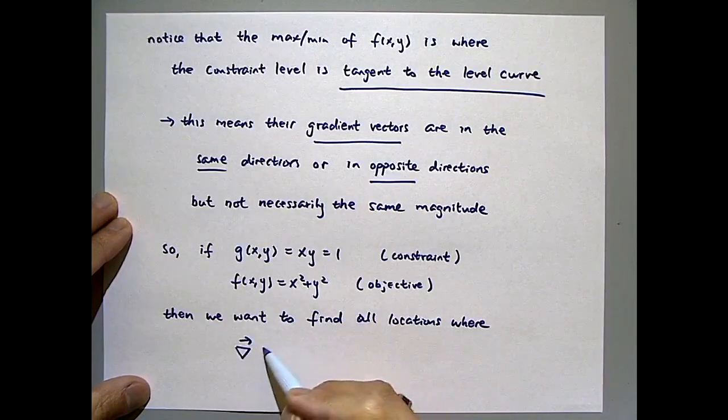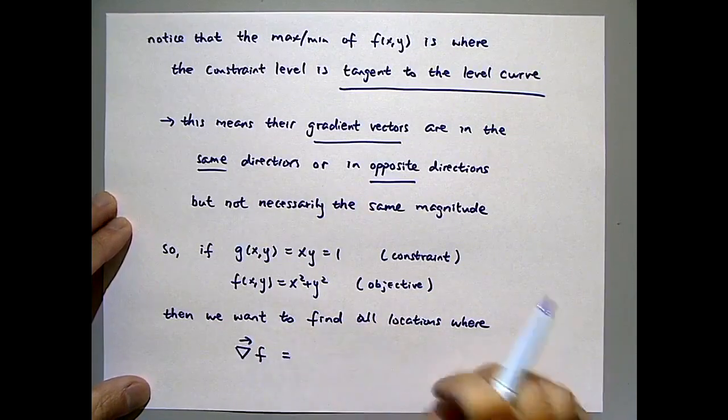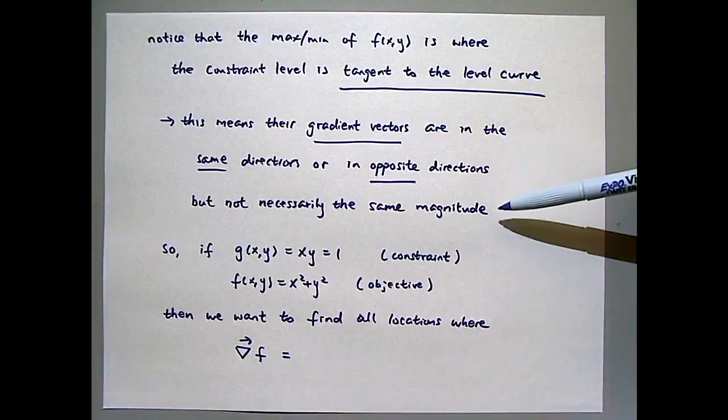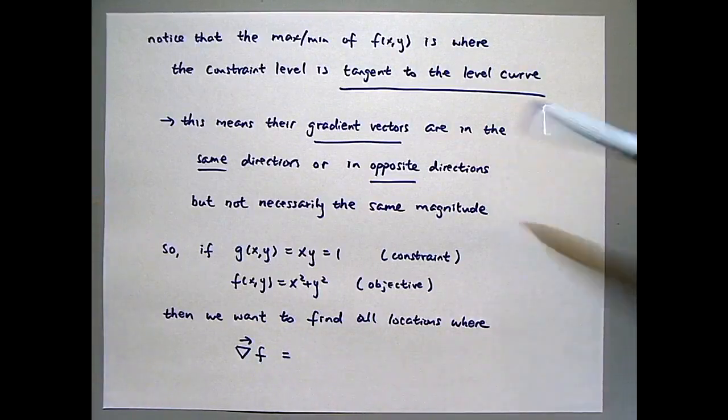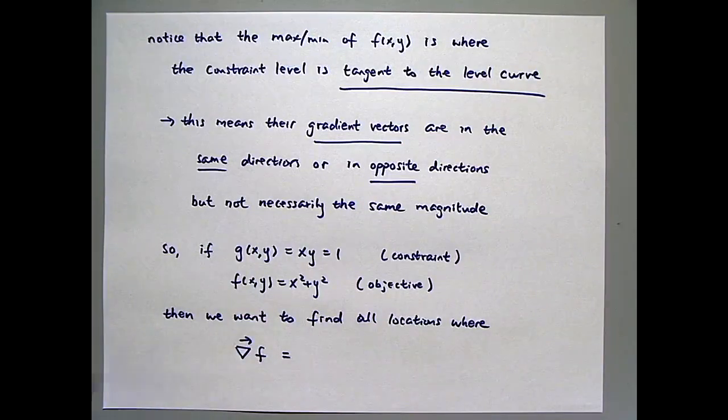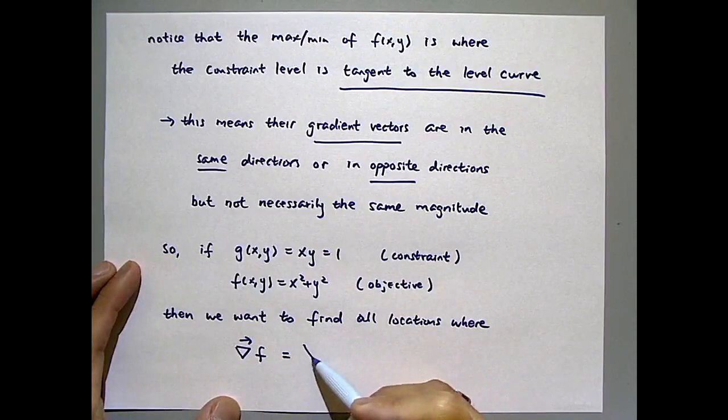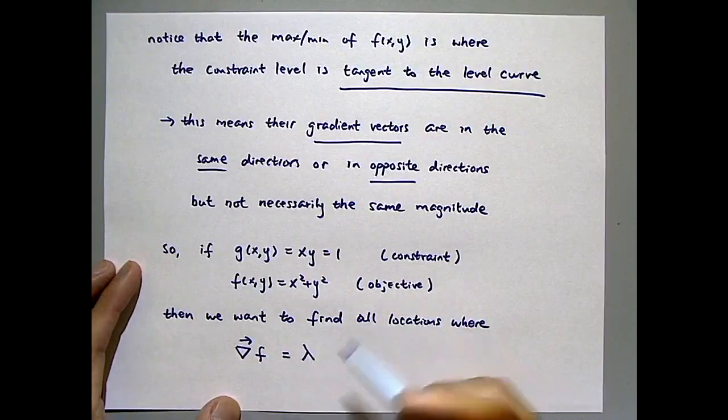The gradient of f is equal to, because they may have different magnitudes, so that means that one of them is going to be equal to a constant multiple of another. And the constant we always use is the lowercase Greek lambda.